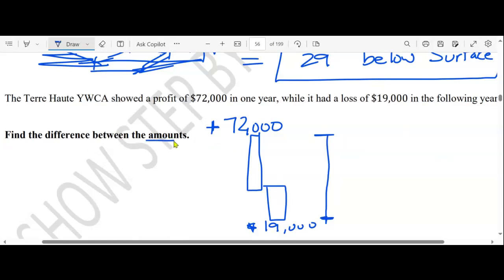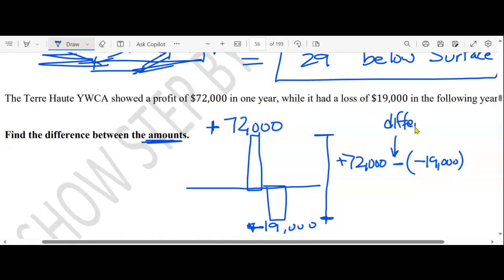Find the difference between the amounts. So in one year they have a 72,000 profit. And then the next year they lost how much? 19,000. So what's the difference? You will say 72,000 minus 19, because this one is a difference, right? And this means they lost, and this one is the gain.